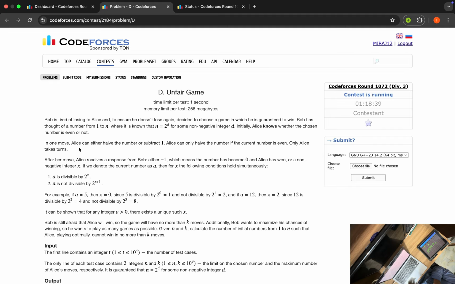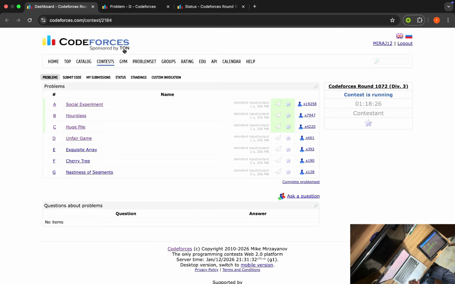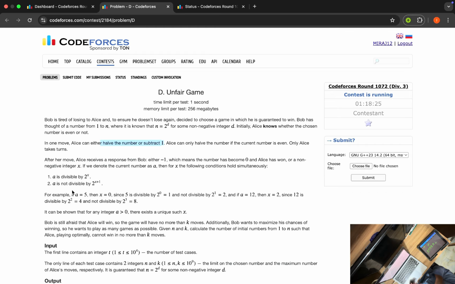In one move, Alice can either have the number or subtract 1. Have the number. What does it mean, have the number? Knows the number or something else? Have the number or subtract 1.